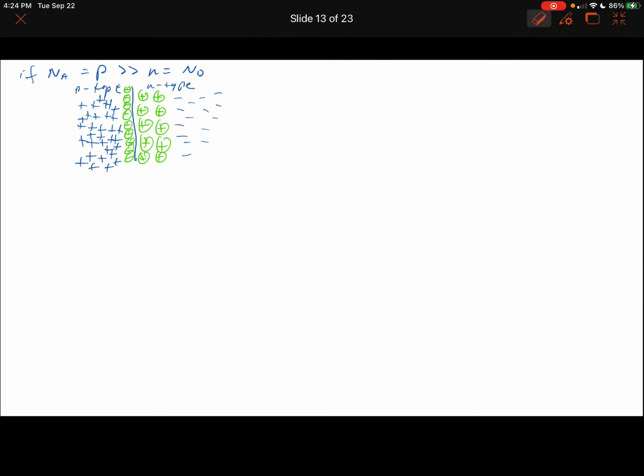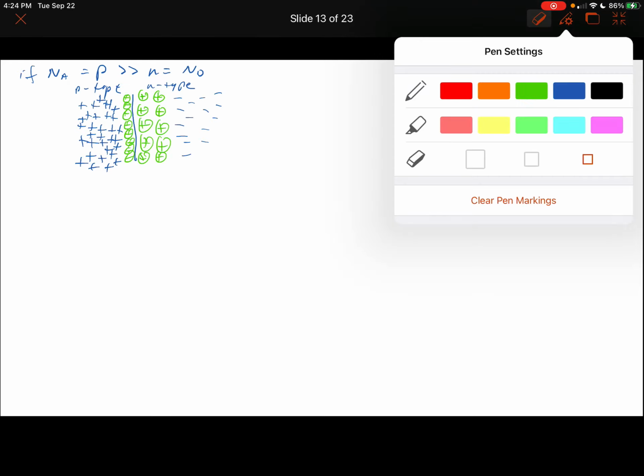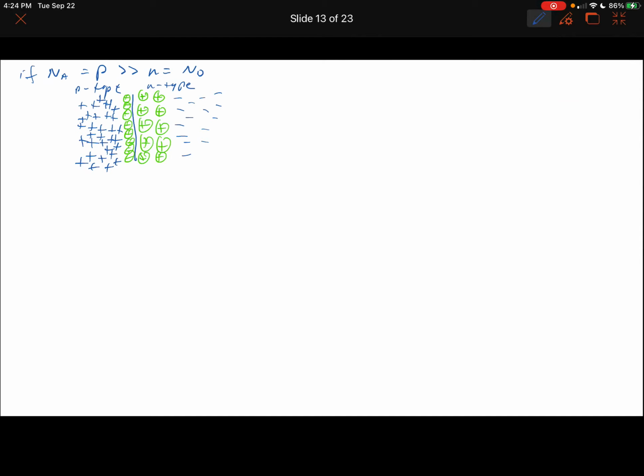Let me get rid of a couple. We have the same number of fixed charges here as over here, but because of the higher doping, it takes a much smaller linear distance through this junction than it does in the n-type side.